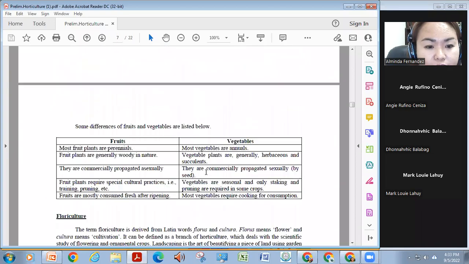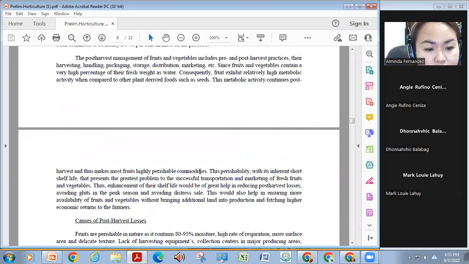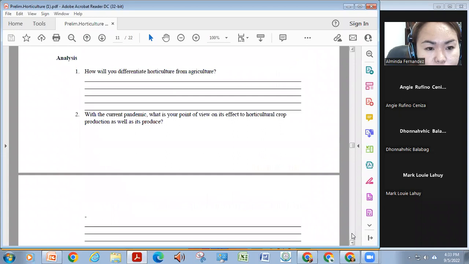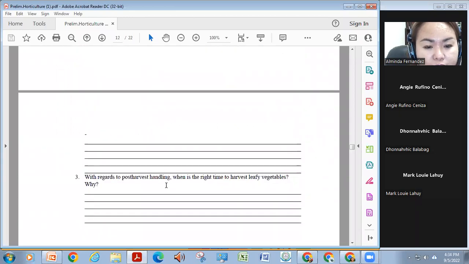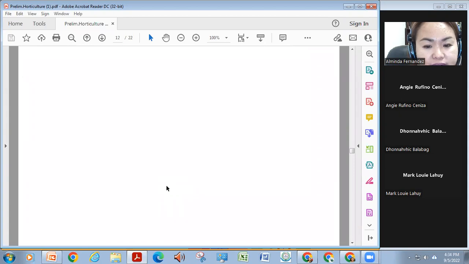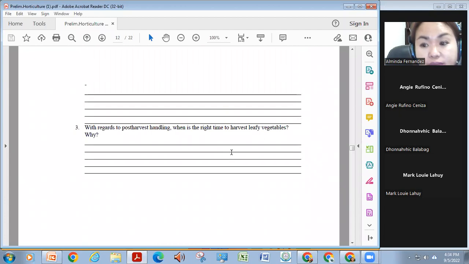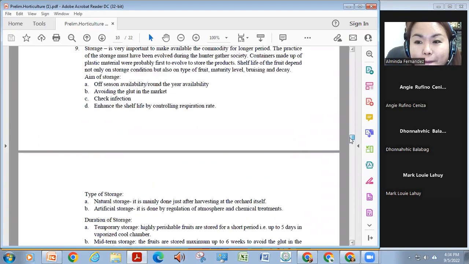And ang ating activity will be just a mere discussion of how will you differentiate horticulture from agriculture and what is your point of view and about post-harvest handling. Yun lang naman, no? Post-harvest handling when it's right time to harvest leafy vegetables, for example, and why. Anong leafy vegetables good?